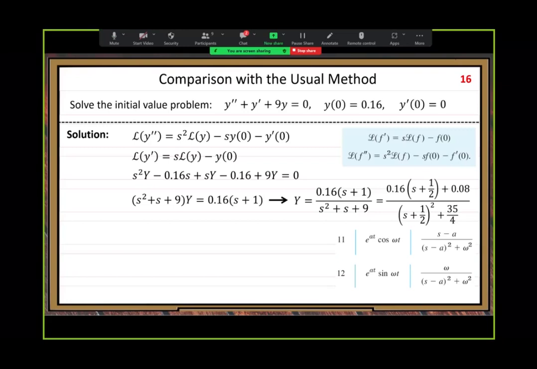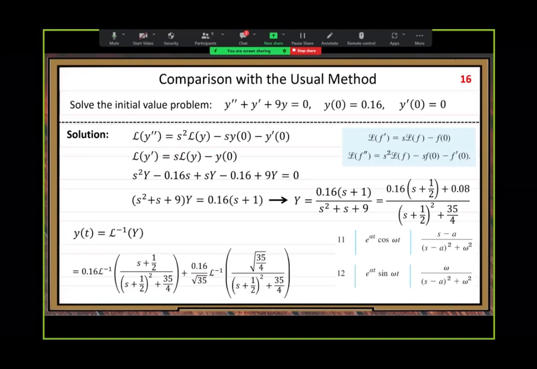After that, now we can calculate the inverse Laplace transform of capital Y. Inverse of the two fractions. Inverse of the first fraction, and we take the constant part out, inverse of the second fraction. Then we make up that omega.